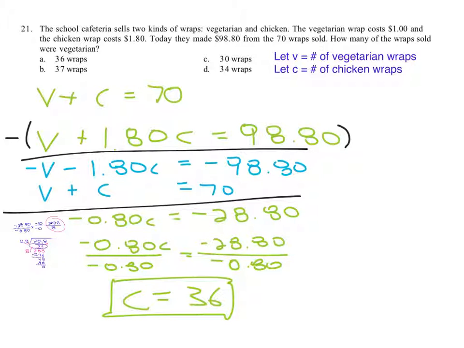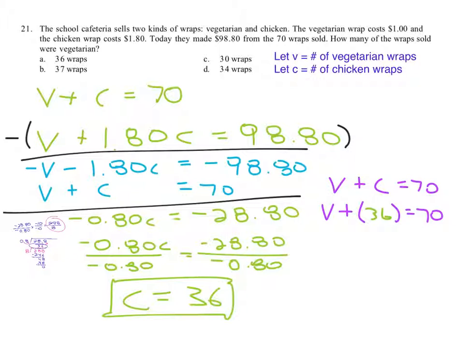We know that the number of vegetarian wraps plus the number of chicken wraps equals 70. And so if we sub in, the number of vegetarian wraps plus the number of chicken wraps, 36, should equal 70.